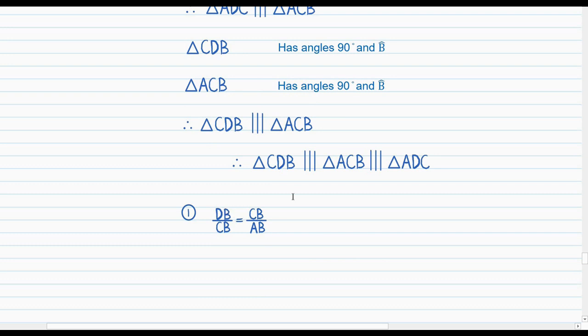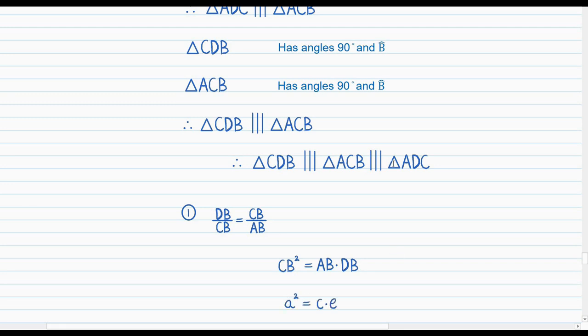Then we can cross multiply these, and that would give CB squared is equal to DB times AB. And just for sake of simplification, I'll substitute each of these sides with the letter I designated to each of them. So this would turn to a squared is equal to c times e.